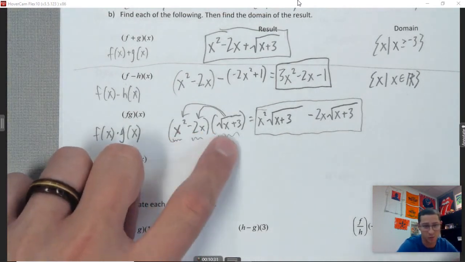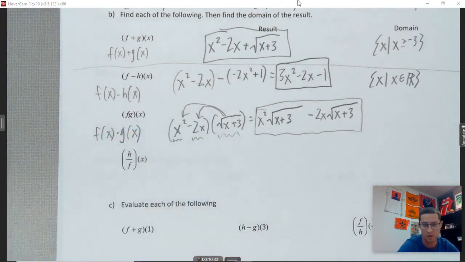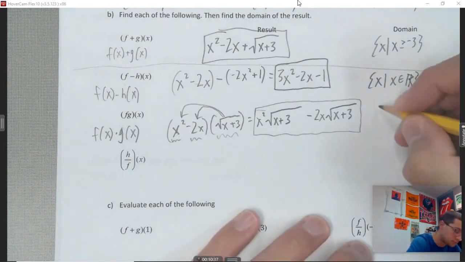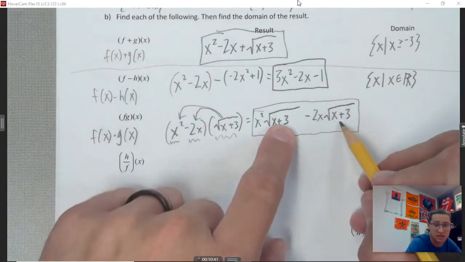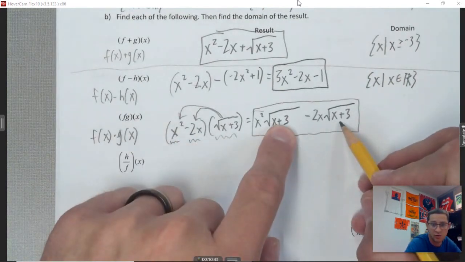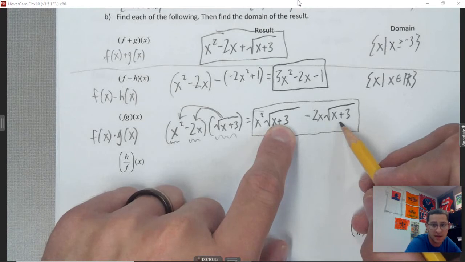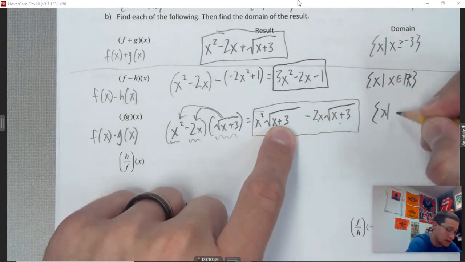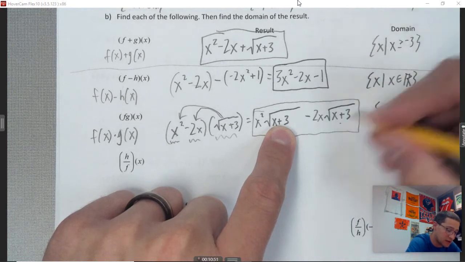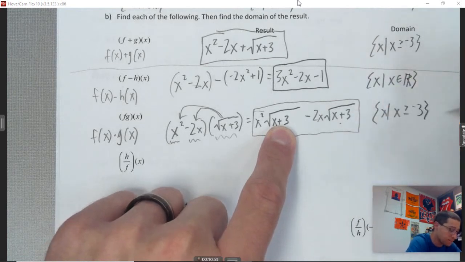It's good practice for us to distribute them because that kind of thing may show up at some point. Anyways, the domain: because I have this square root of x plus 3, I'm going to have to keep that same domain because we have that square root restriction again.